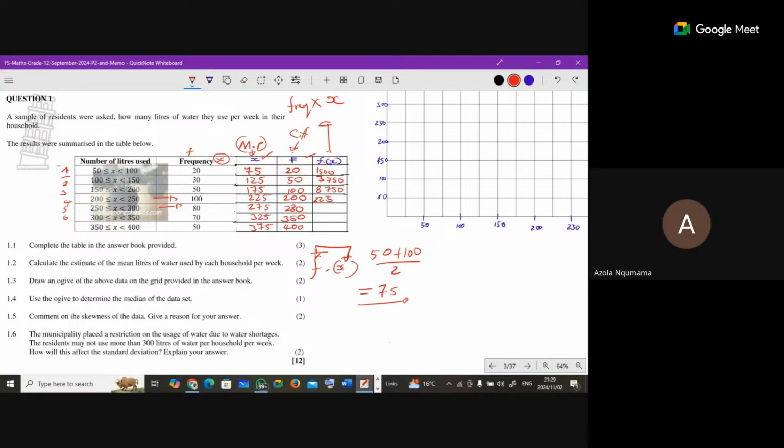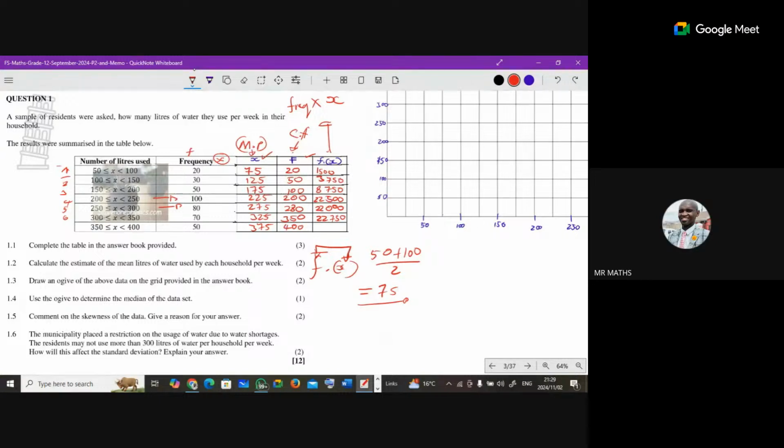Ilandelayo. 80 multiplied by 275, that is 22,000. Okay, elandelayo, 70 multiplied by 325, 22,750.